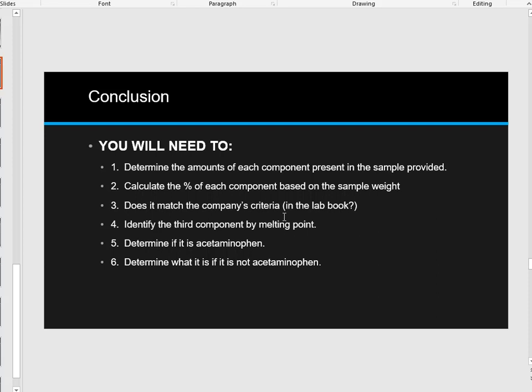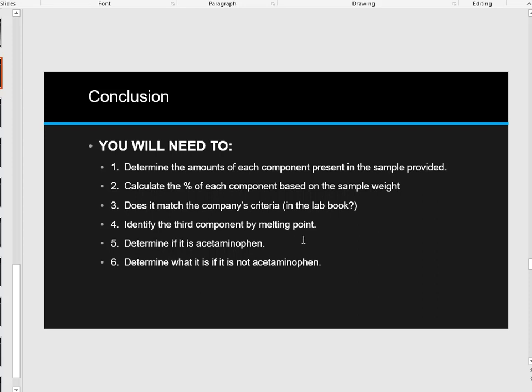Yes or no? Number 4, identify the third component by melting point. That's basically going to be experiment number 3. So once you recrystallize, you're then going to do a melting point, and figure out which one of the 2 it is. Number 5, could it be acetaminophen? Maybe we've played a trick, and maybe that compound is neither one of the 2.